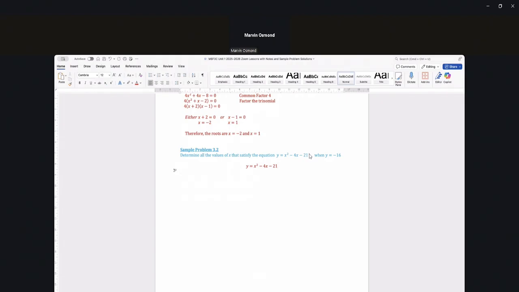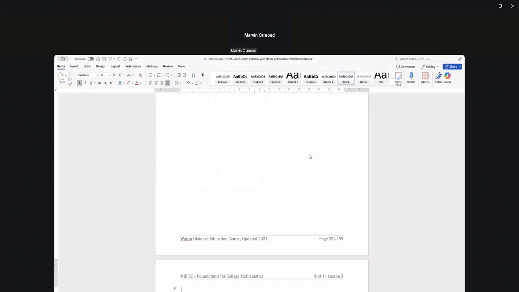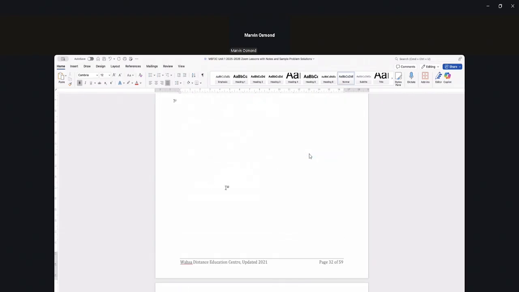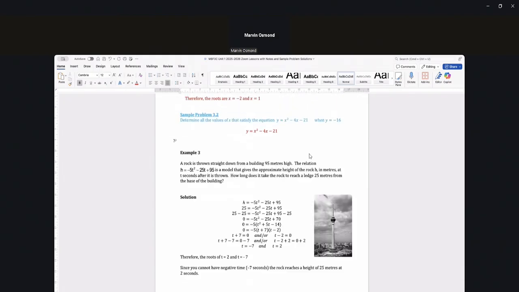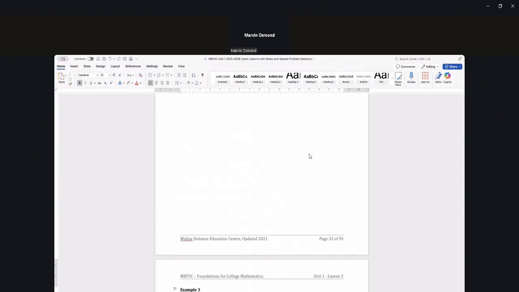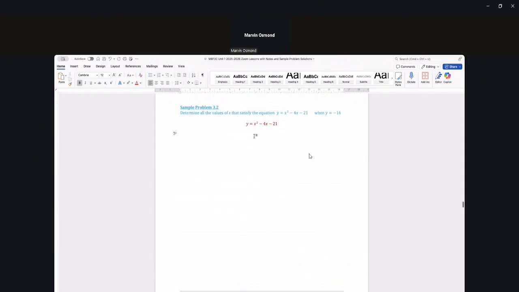Okay, so when we solve that, y is negative 16. So all we're going to do is change y to a negative 16. So let's do that. So now we're going to end with negative 16. Oops, it's doing weird things right now. We come down here and get rid of that to the next page.